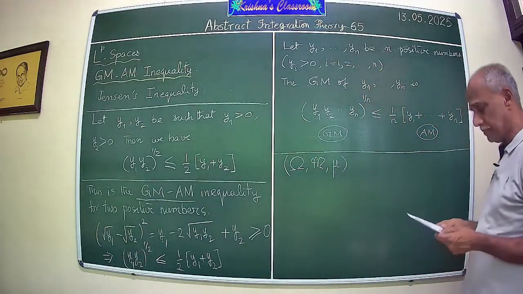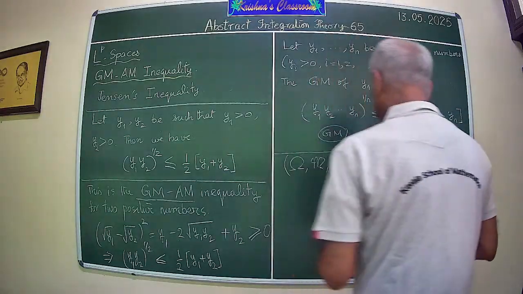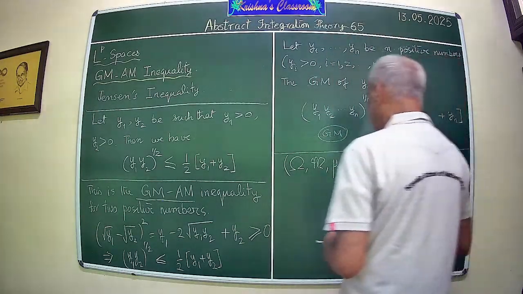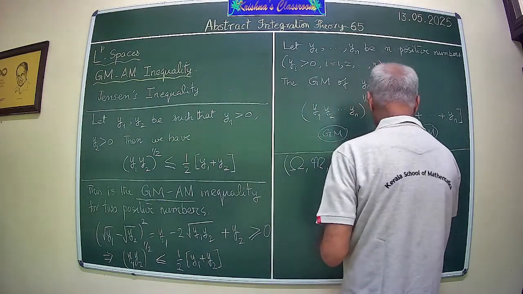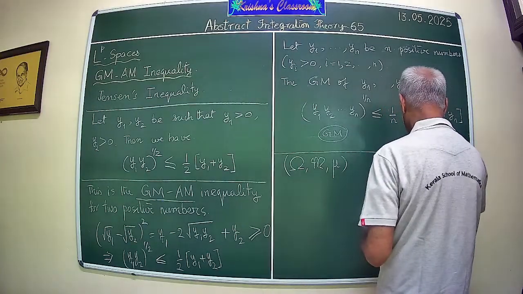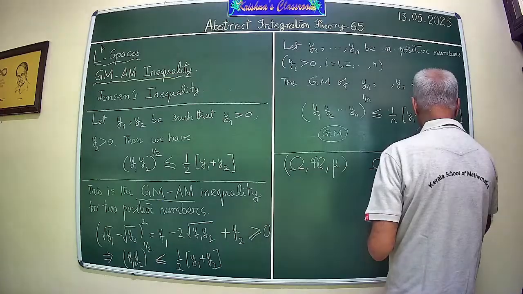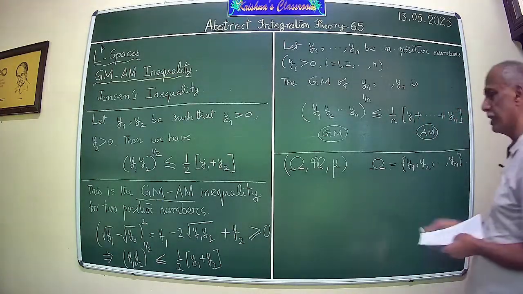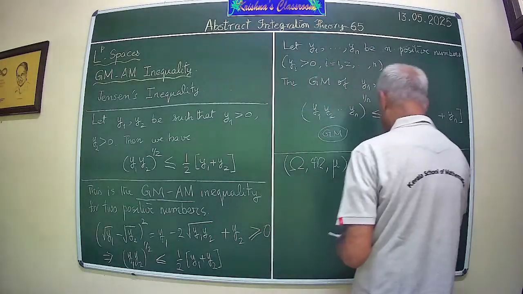So what is it that we are trying to find out? We'll do the following. We'll take omega to be the set y1, y2, up to yn, and then of course M the set of all subsets.